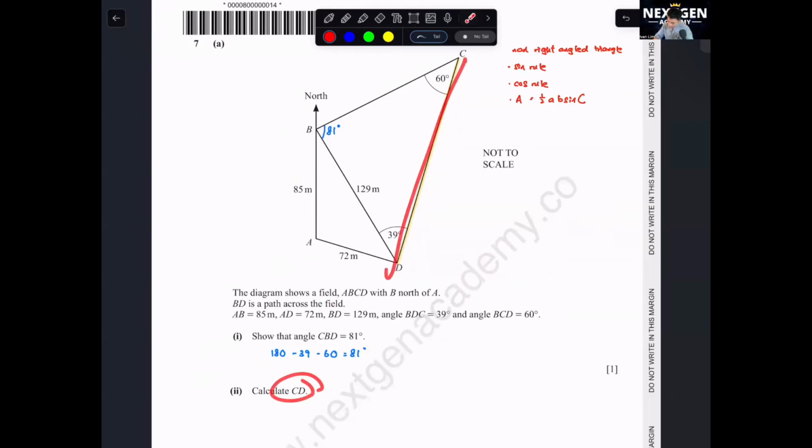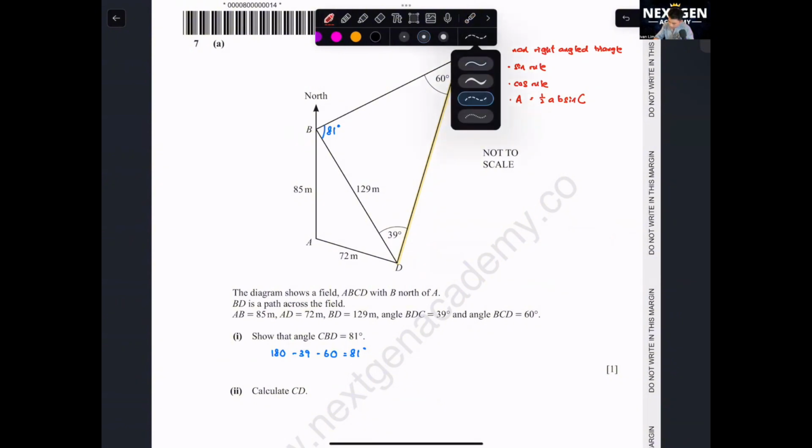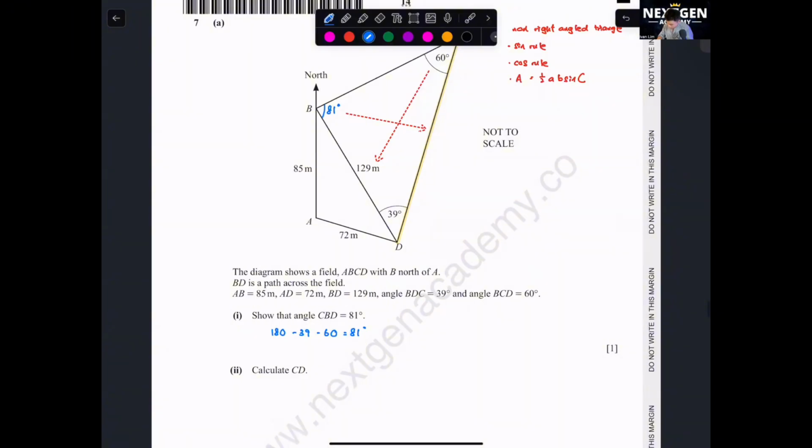CD. Can we use this and this? So this one is across like this. When you have 2 opposite pairs like this, then we can use sine rule. We want to find CD, so we put the length on top.